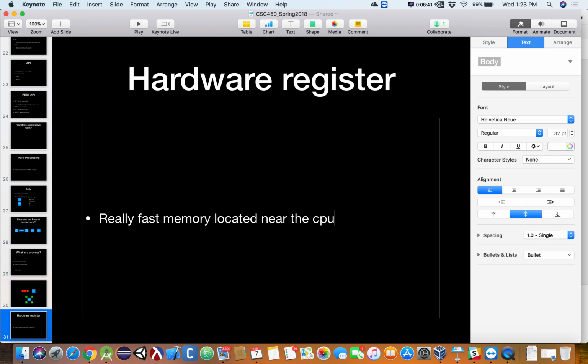Registers are really fast, but they hold nothing, right? AX is a 16-bit register. That holds one number, and not even a huge one. If it's an unsigned number, it's 0 to 65,535. Those are not huge values, but it's really fast. All right, so that's what a hardware register is.